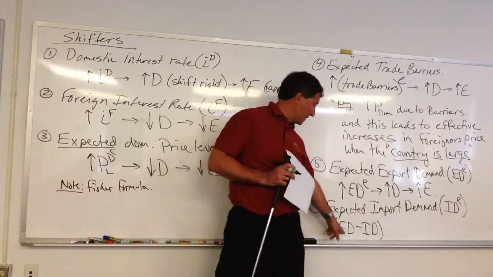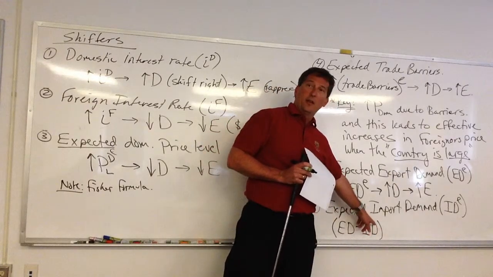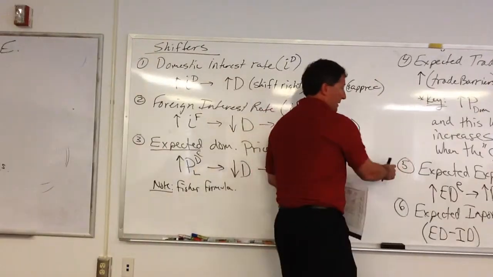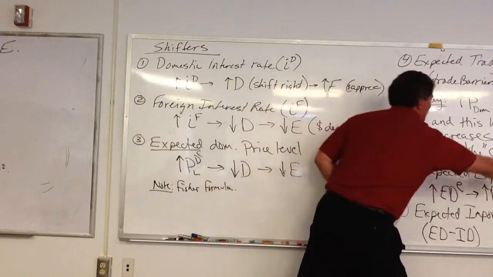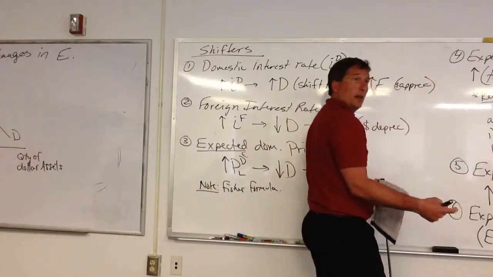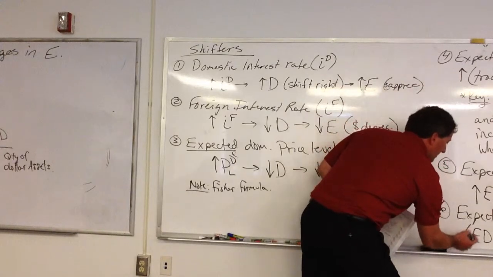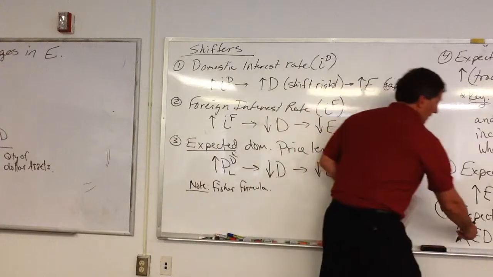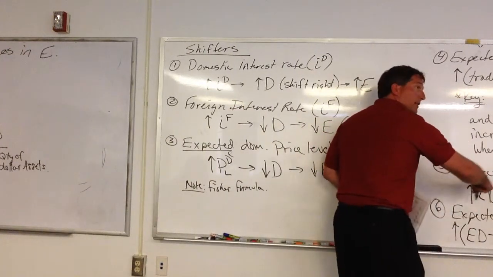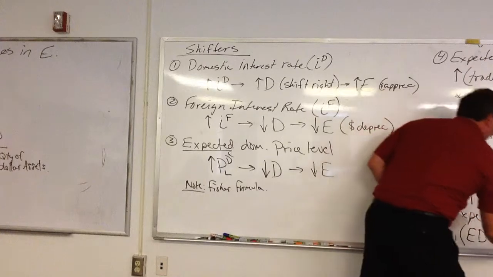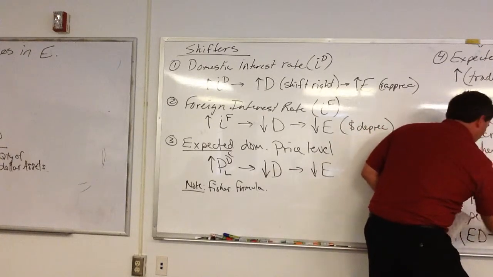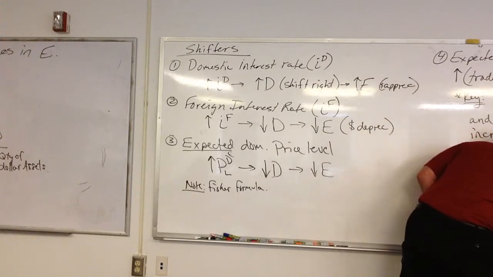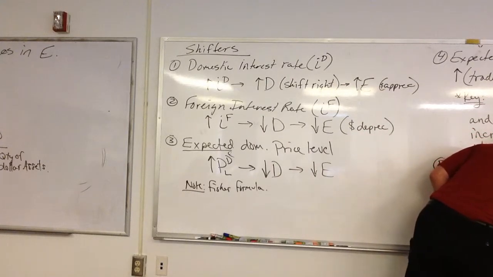So it's our exports minus our imports is what I'm thinking about. And the reason I did this one first is that this is the chain of events for this variable, and then the other way undoes it. So if there's an increase in this, then we follow this chain of events. First notice that this thing increasing follows number 5. Same as number 5.